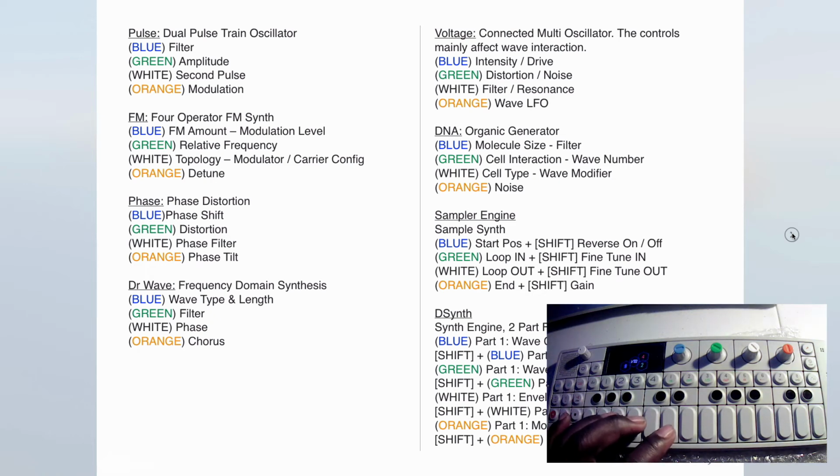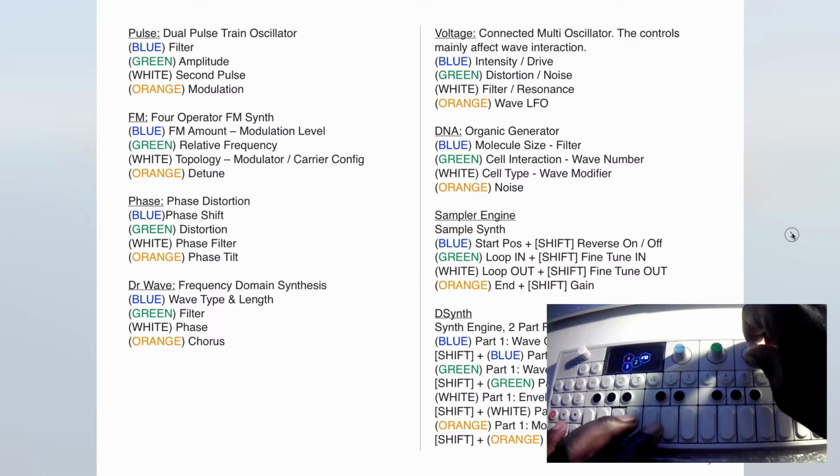The next one, white controller, changes the topography or the carrier configuration. So as you change it, it kind of moves the way that the oscillators feed into each other.